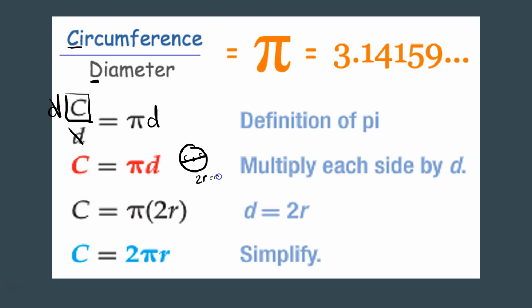That is equal to D. So 2 times the radius equals the diameter. So I can replace that. I can use substitution. C is equal to pi times 2 times r. And I simplify that, and C is equal to 2 pi r. And that is our formula for circumference and where it comes from.